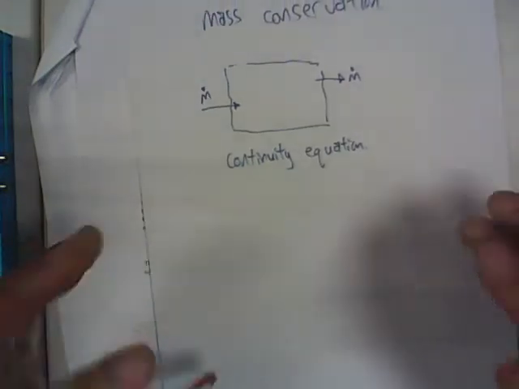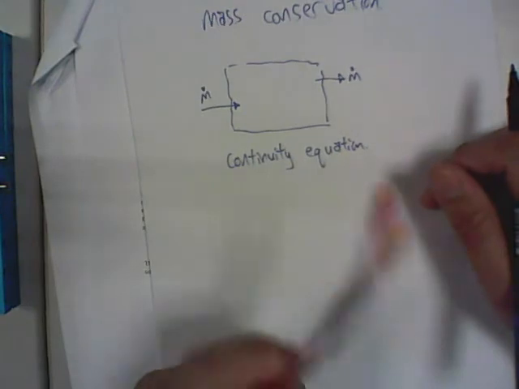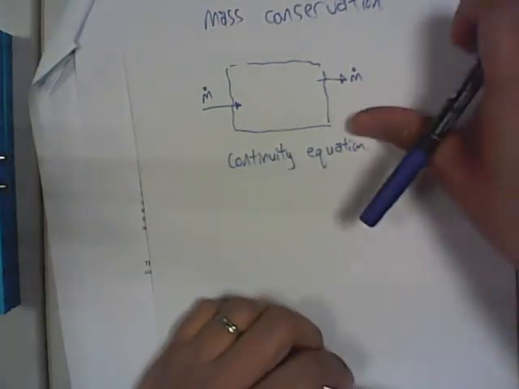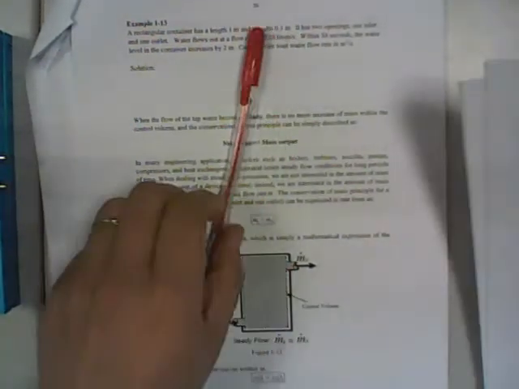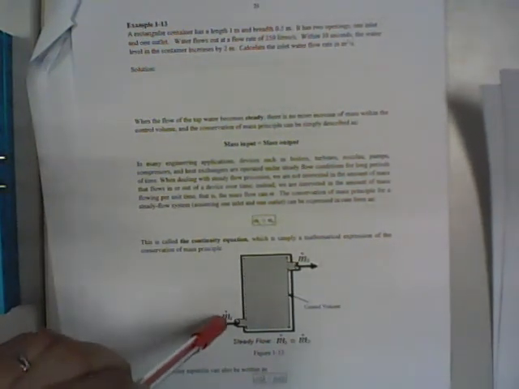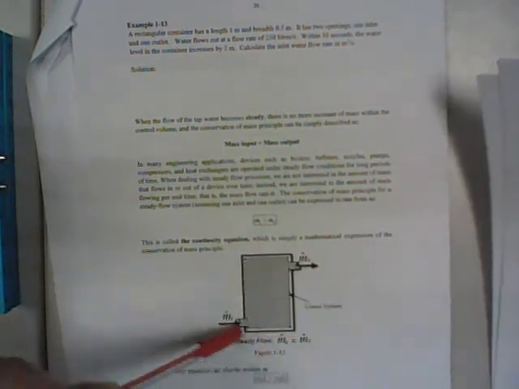I just put it very simply: what goes in must come out. It may sound funny, but that's basically the idea. So if you see your page 26, this whole diagram, the mass that goes in should be the same as the mass that comes out, if you are to conserve your mass.